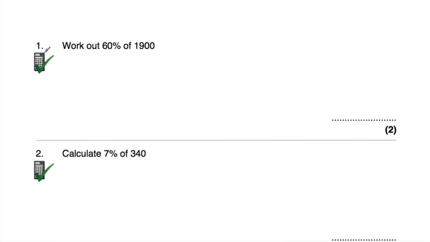Okay, so question number one says work out 60% of 1,900. Now this is a calculator question, so with calculator questions what I tend to do is to find 1%, and I find 1% by dividing by 100, and then I just multiply by the percentage I want. So if I want to find 60% of 1,900, I divide that by 100 to get 1% to begin with, so 1,900 divided by 100 is 19, and then I multiply that by the percentage I want, which is 60.